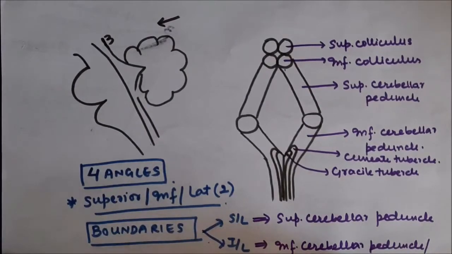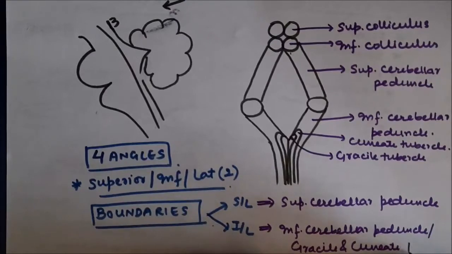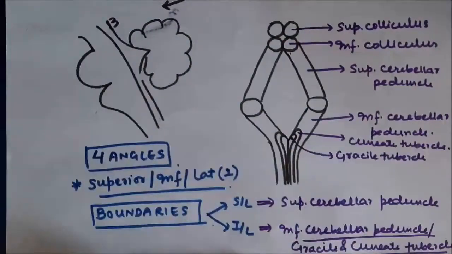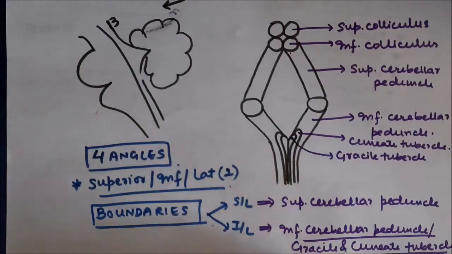So these were boundaries of the fourth ventricle. Two superolateral boundaries and two inferolateral boundaries.